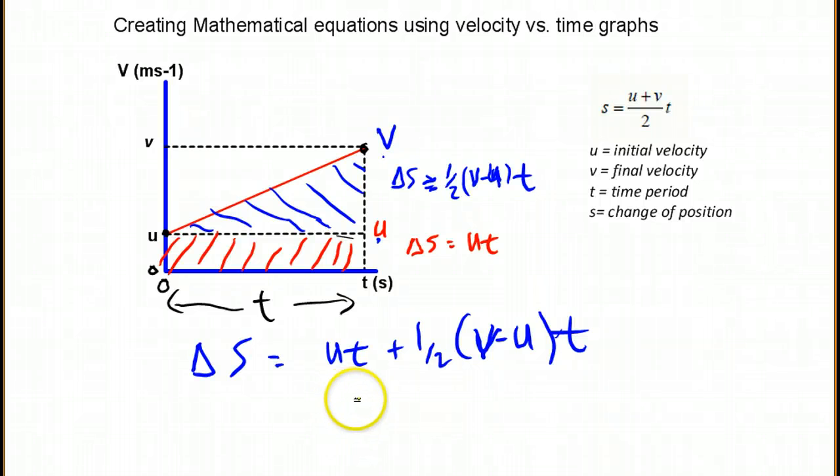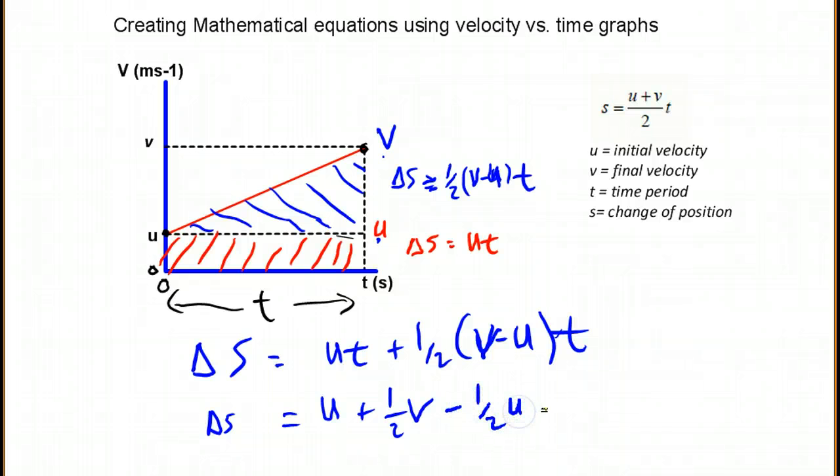I can factor out the t, and take the 1/2 and multiply it through, and I have delta s is equal to u plus 1/2 of v minus 1/2 of u, and all that's times t.